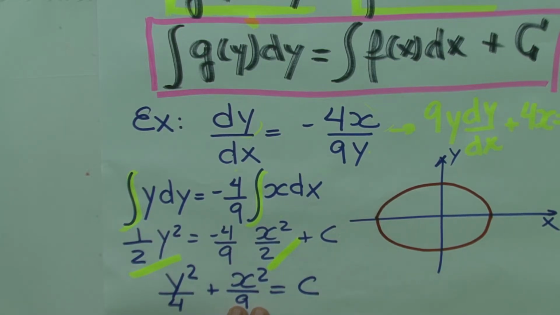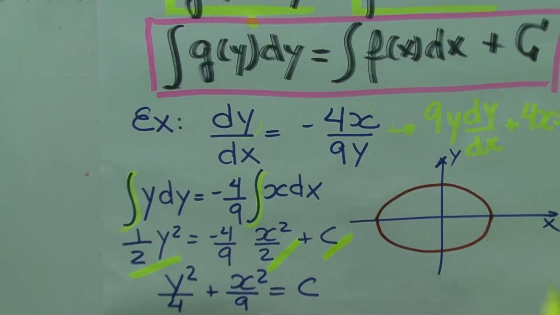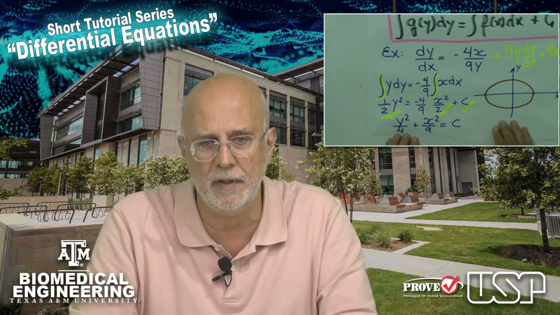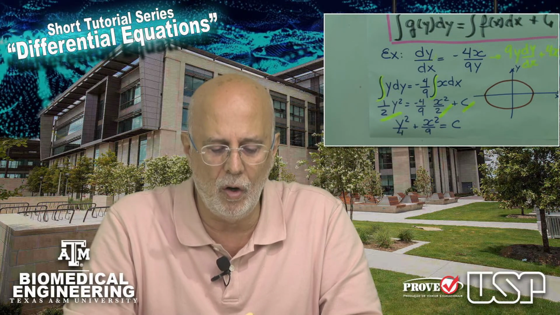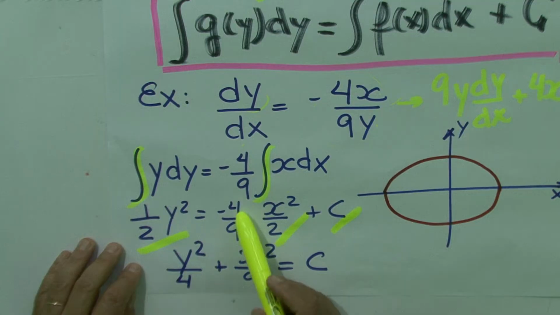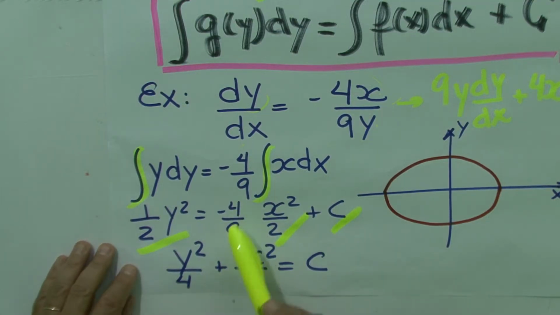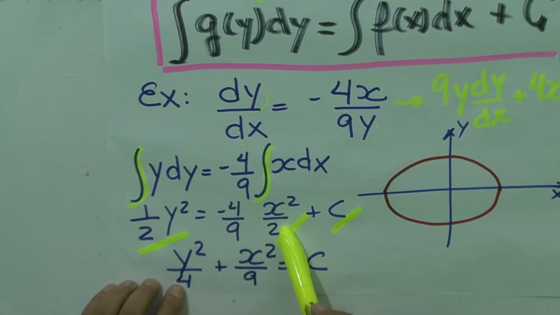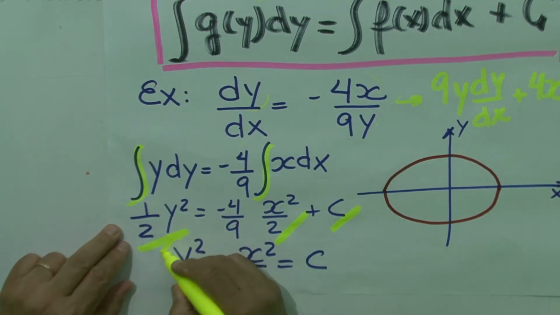And of course, because this is an indefinite integral, you have to end with a constant that can only be solved when you give some initial conditions. Okay, you see, you can take the 2 away, you can put this 4 under the y, and the 9 stays under the x, and then you get a very nice equation here.